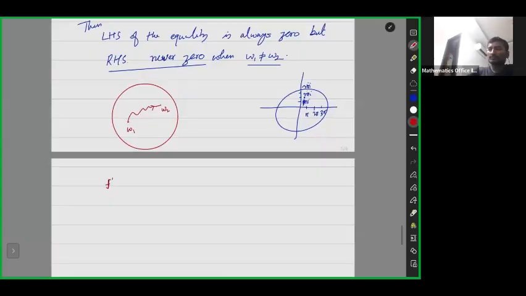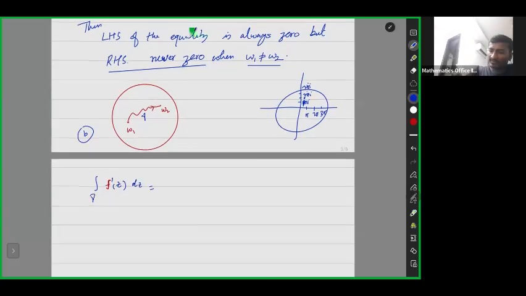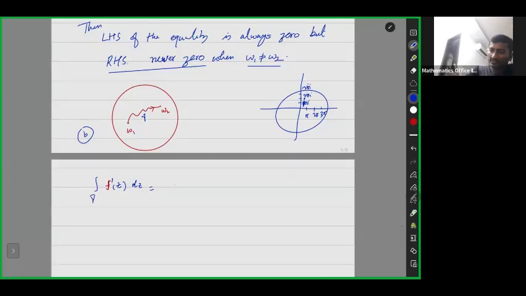Assuming that, and applying the first fundamental theorem over this, let's say this is our gamma, this is path B, the integral of f prime z dz, because f prime has antiderivative f, is the integral of f prime of gamma t times gamma prime t dt, from 0 to 1 because gamma is parameterized in this way.